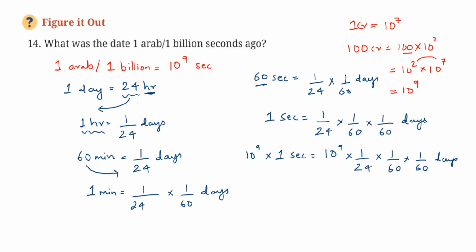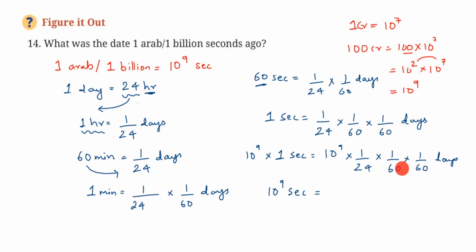Okay, now 10 to the power 9 times 1 is 10 to the power 9 seconds. This is what I have to find it for. 10 to the power 9 second is equal to how many days? It is equal to this many days. Now this I have to solve.